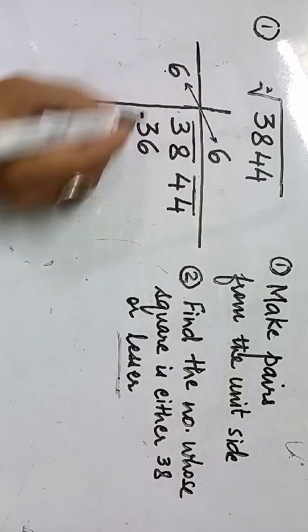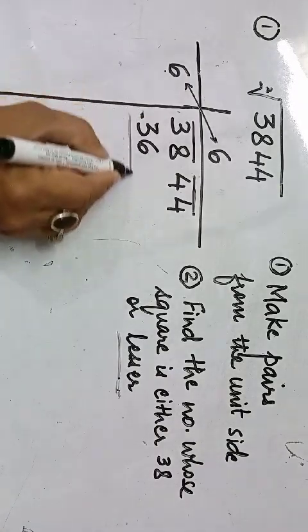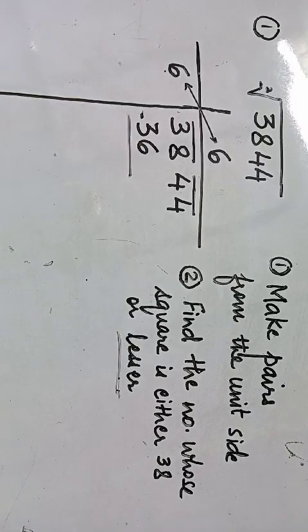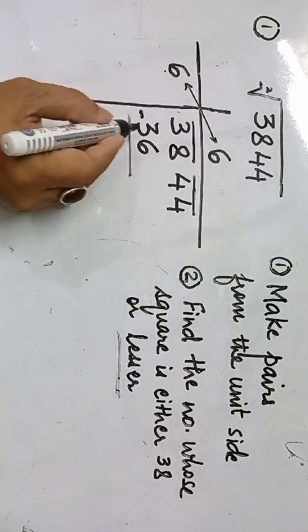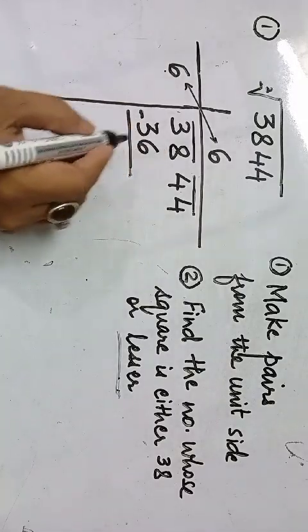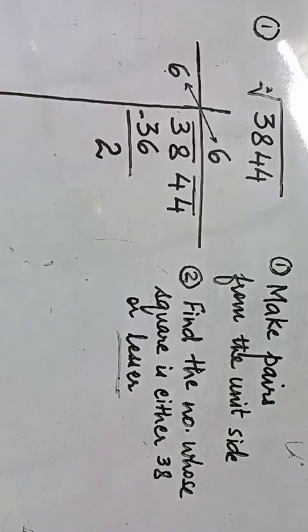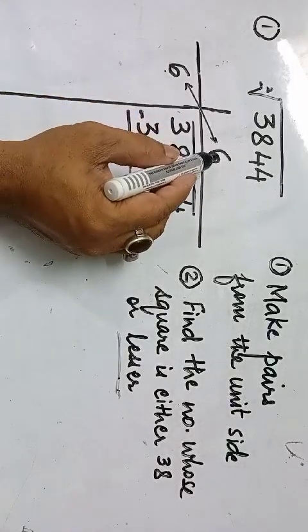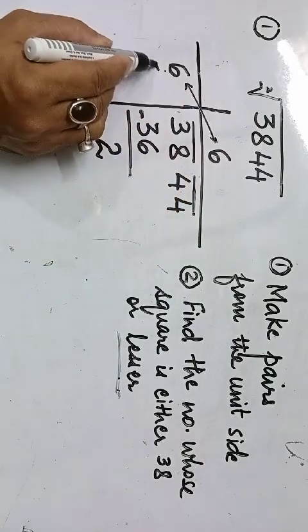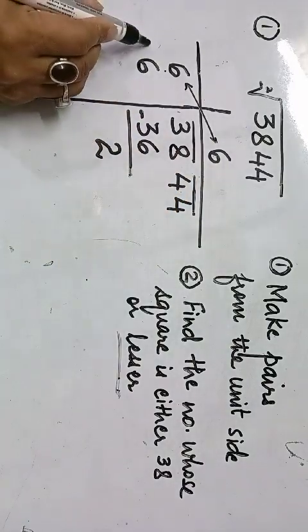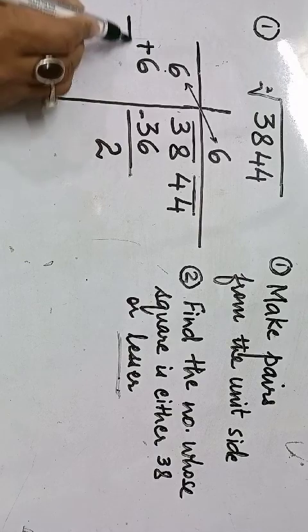So now, the way we normally do, we subtract these two numbers. On subtraction what we get is simply 2. Now you bring this 6 over here just below that number and you add these two numbers.